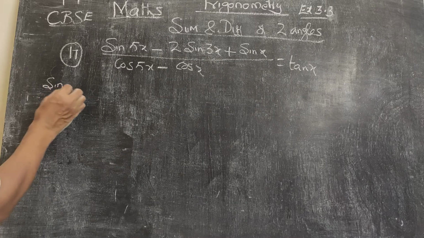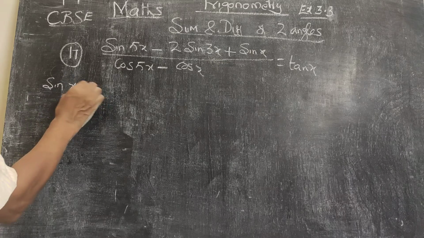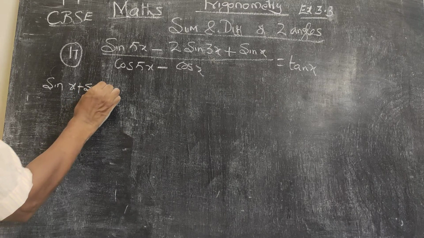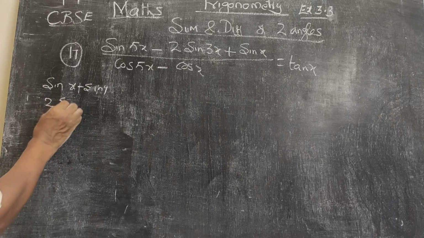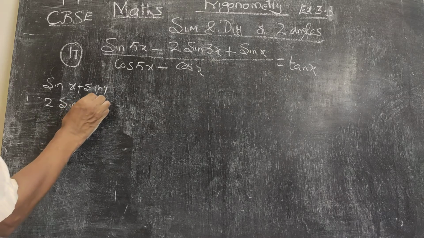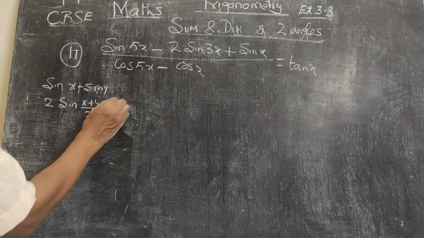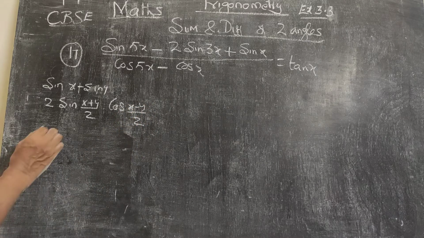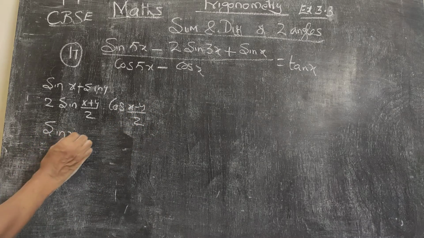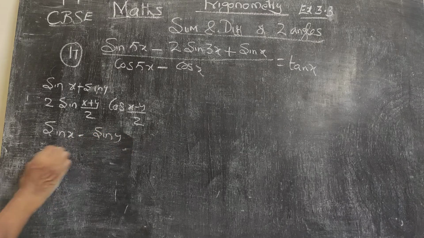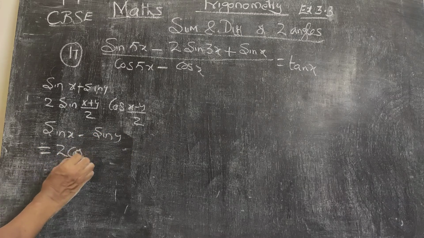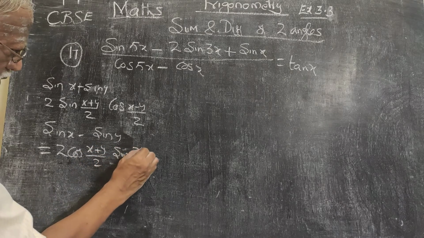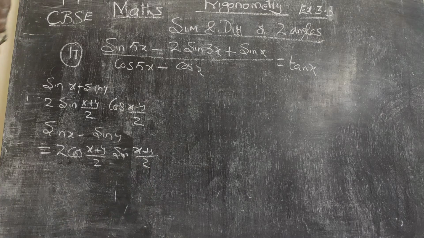So remember the formula, sin x plus sin y equal to 2 sin x plus y by 2 cos x minus y by 2. If it is sin x minus sin y, 2 times cos x plus y by 2 and sin x minus y by 2.